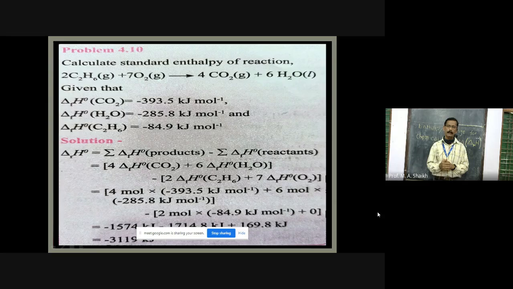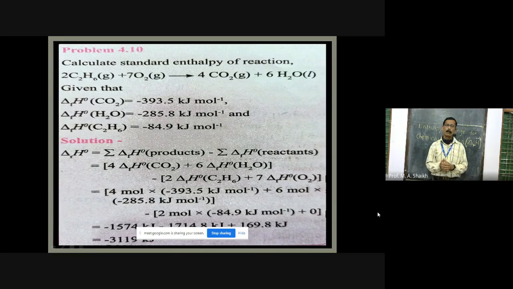4 तो वही रहेगा. You have to put the value of standard enthalpy of formation of CO2 given in the numerical problem. Then plus 6 into value of standard enthalpy of formation of H2O, which is also given, minus, in second bracket, so this is the important part, 2 into value of standard enthalpy of formation of C2H6 given in the numerical problem, plus 0.